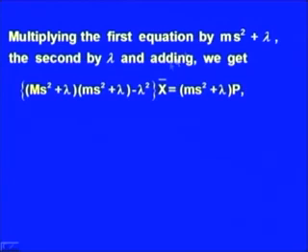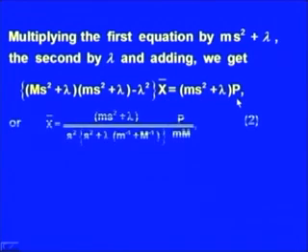and then add. By doing this, we will be eliminating one variable, that is y bar, and we shall have this equation in x bar. So, (m s square plus lambda) into (m s square plus lambda) minus lambda square into x bar equal to (m s square plus lambda) into p. We had a system of simultaneous equations in x bar and y bar.